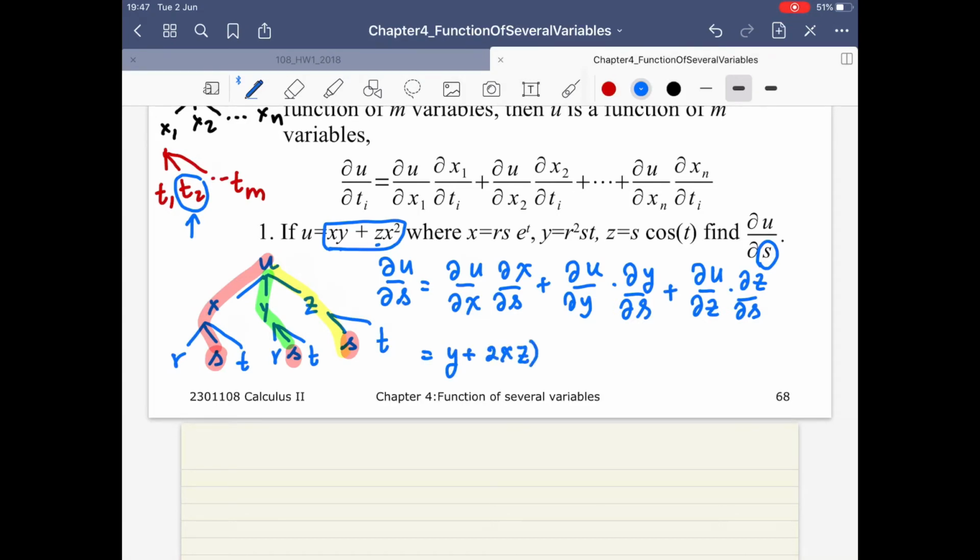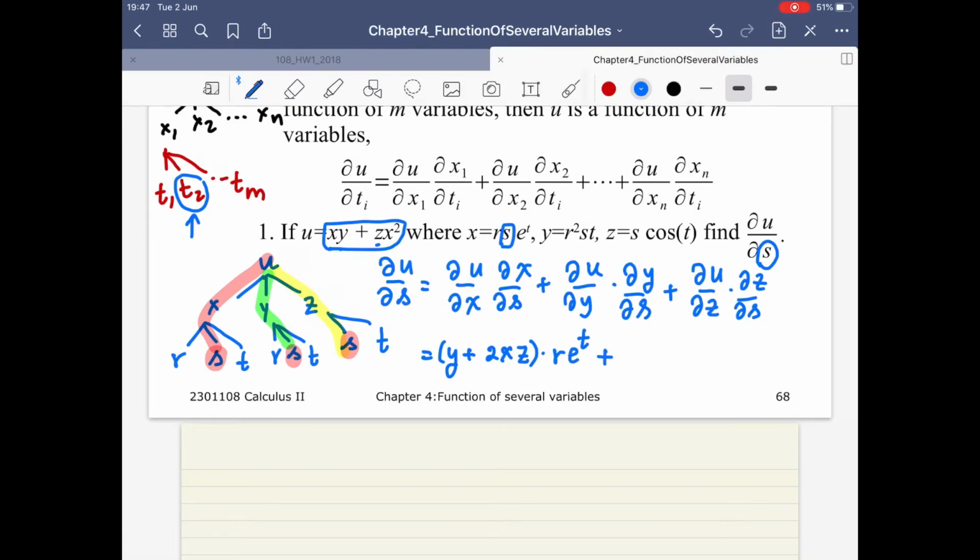Okay, so I'll do it faster than what we have done, because you guys should be pretty familiar with it. And then a derivative with respect to s of the x, so you have r e to the t, because that one becomes 1.